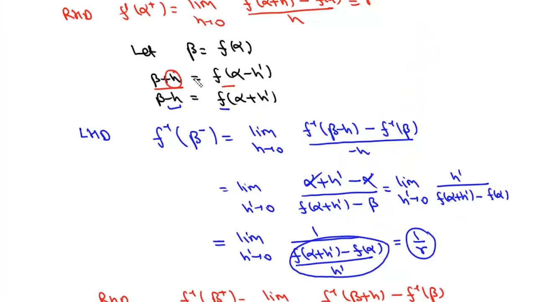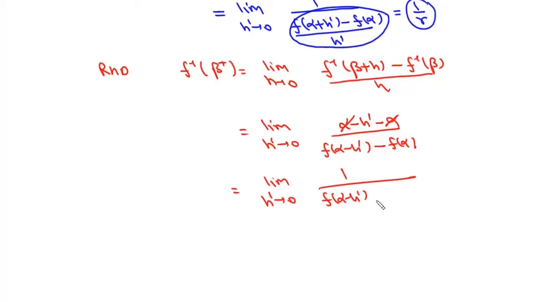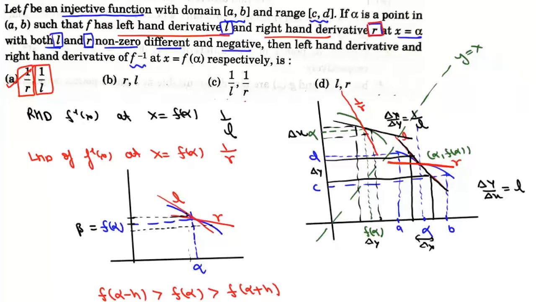And again we can write this h as f alpha minus h dash minus beta, and beta is f alpha. Now here alpha and alpha will cancel, so we can write this as limit h dash tends to 0, and we'll rearrange this as f alpha minus h dash minus f alpha upon minus h dash, which is nothing but left hand derivative at alpha, and which is 1 by L. So left hand derivative is 1 by R, and right hand derivative is 1 by L. So we have solved this question graphically as well as analytically.